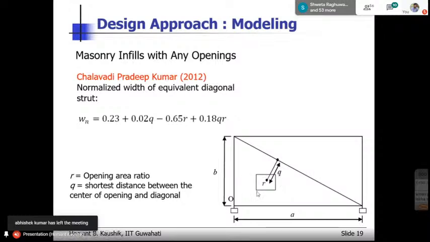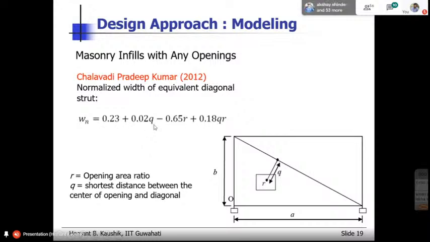He considered the influence of the opening anywhere on the frame, and then he developed this equation using which we can estimate the normalized width of the equivalent diagonal strut, normalized to the width of the strut considering no opening. So this is again the reduced fraction of that no opening width.